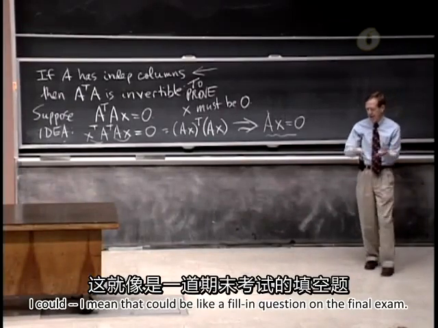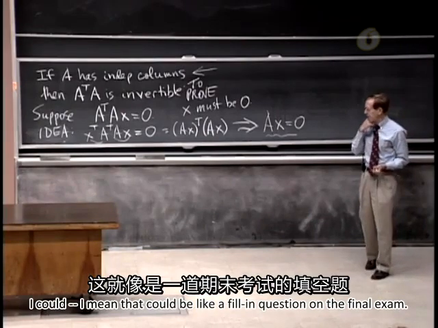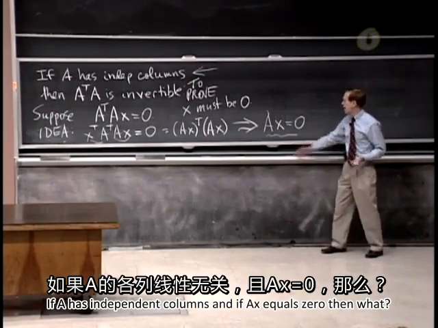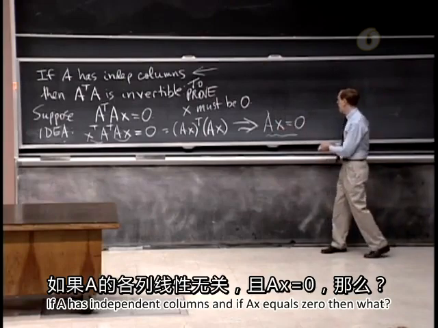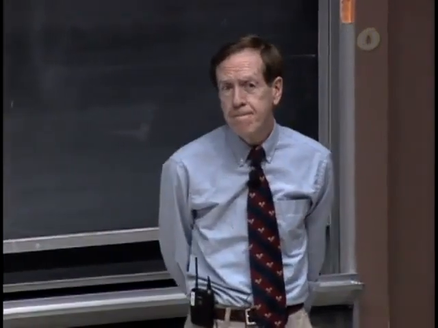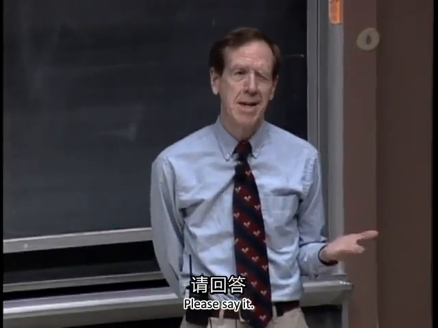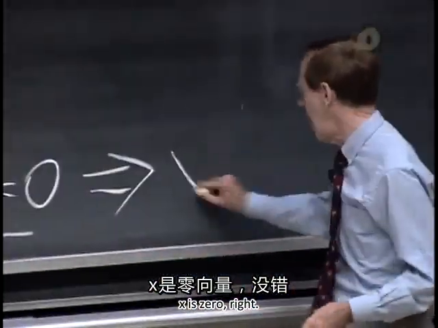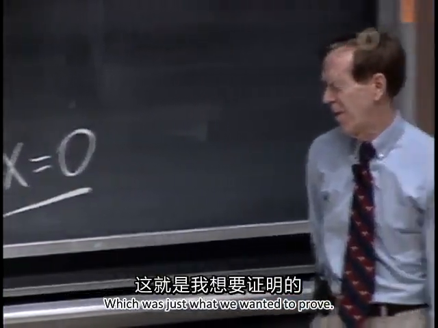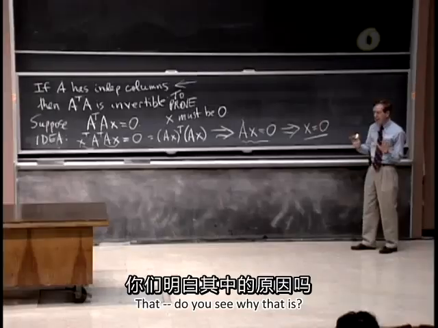That could be a fill-in question on the final exam. If A has independent columns and if Ax equals 0, then what? Please say it. x is 0. Right. Which was just what we wanted to prove.